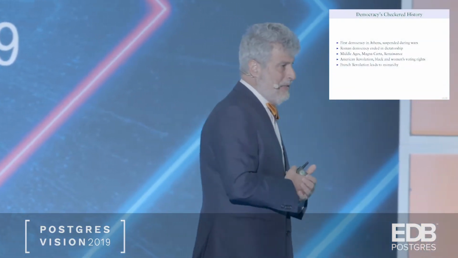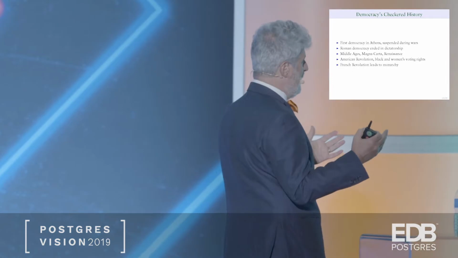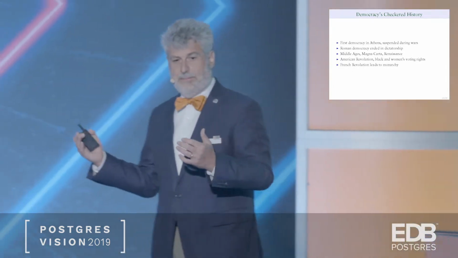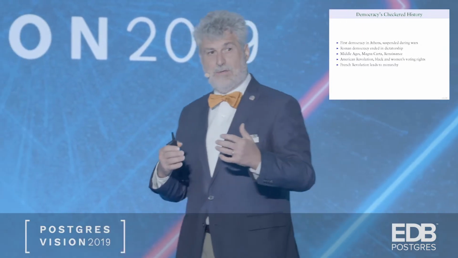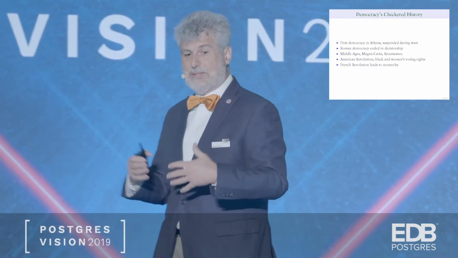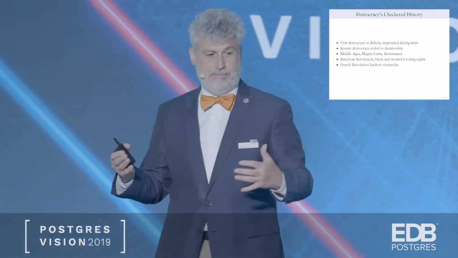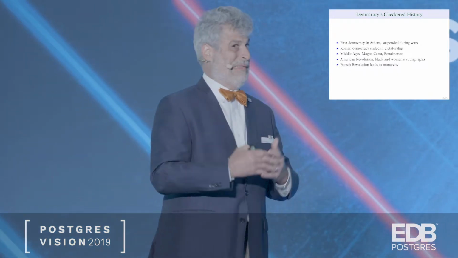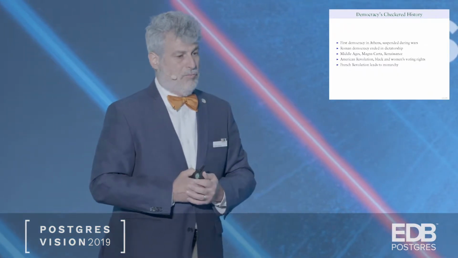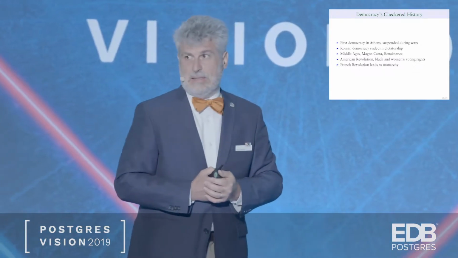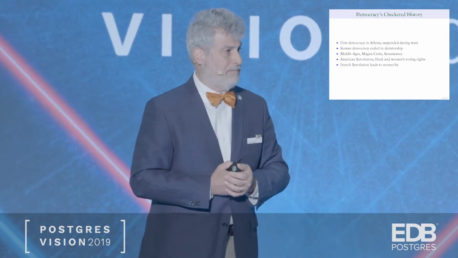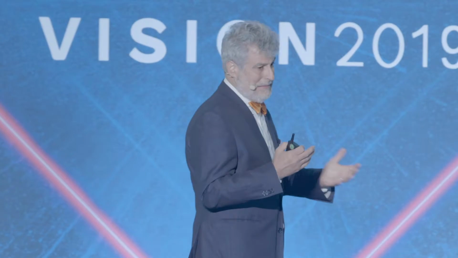But again, looking back in history, okay, first democracy, Athens, we talked about that earlier, right? But actually, democracy in Athens was first established and then suspended during the Peloponnesian Wars, okay? So, not too good, right? Roman democracy in the Senate eventually ends in the Caesars and dictatorship. Also not great. The Middle Ages, it's hard to even say. There's so much history there.